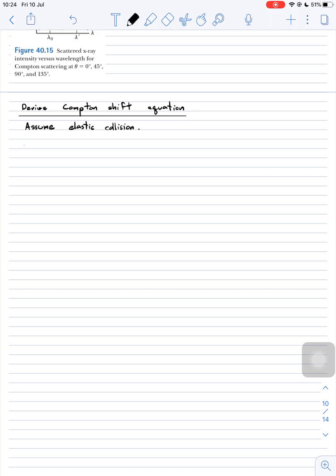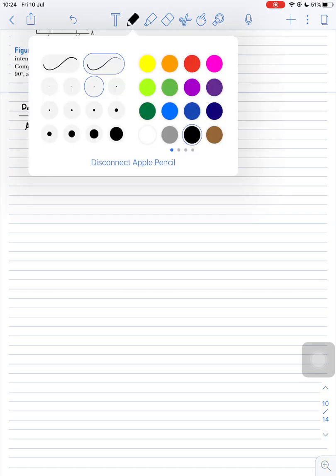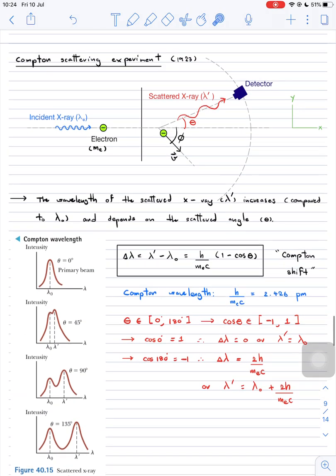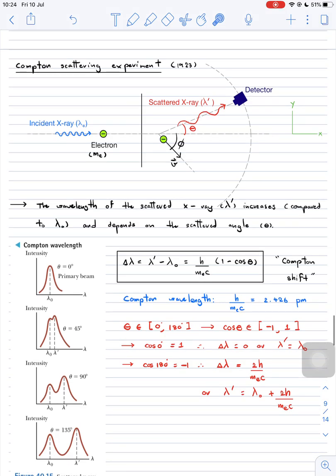So let's talk about the conservation of energy first. Before collision we have the energy of the incident X-ray, and we have the energy due to the rest mass.